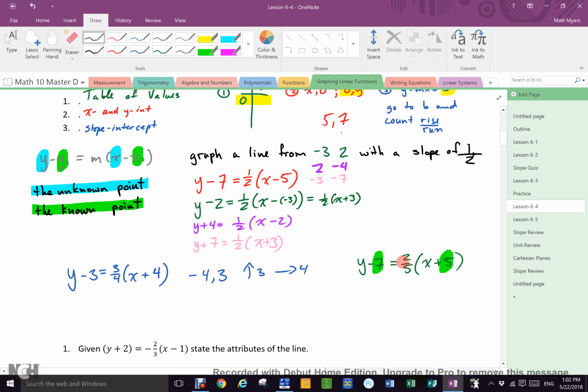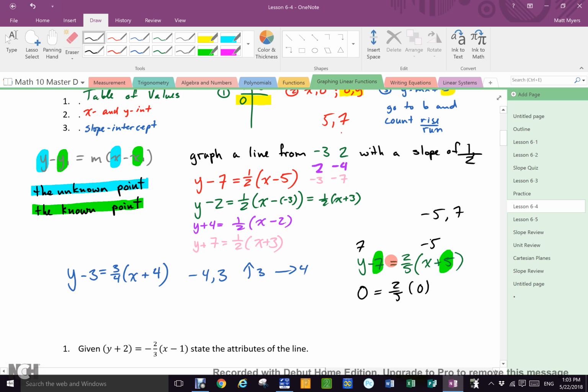Which means the actual point on the graph would be -5, +7, wouldn't it? Is that an x? So I would write it right there, wouldn't I? -5. Is that a y? Yes? So I would write it right there, wouldn't I? What's 7 minus 7? 0. What's -5 plus 5? 0. That is why our known points, we have to reverse the sign.